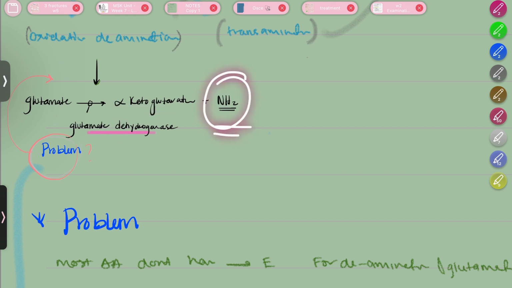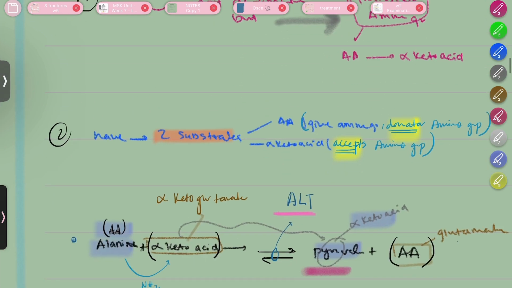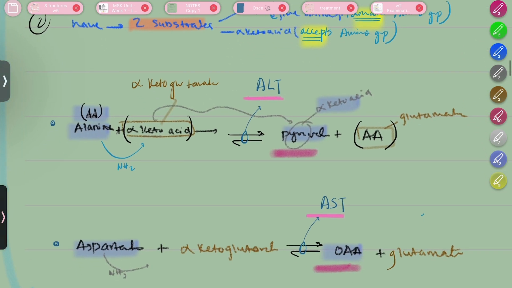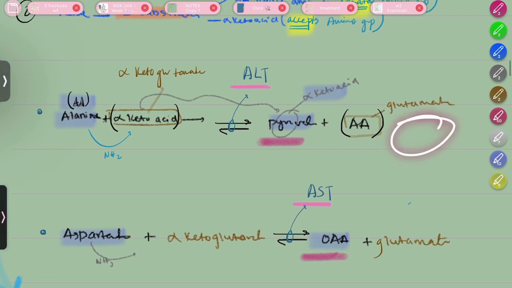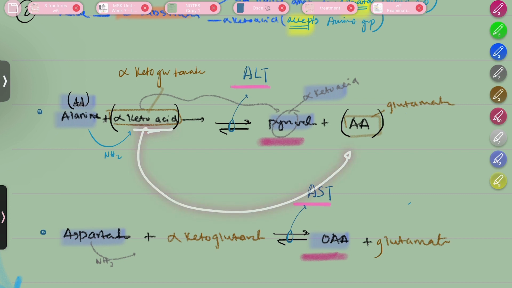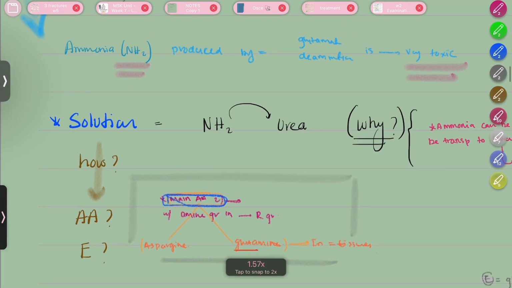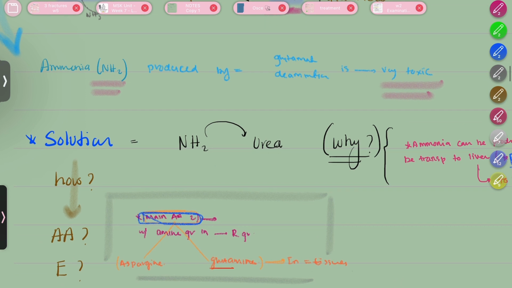Now that presents a very big problem, because if you have noticed, when we deaminate alanine, we do not end up with any free ammonia in the blood, and that's because the ammonia was incorporated into an alpha keto acid to give us this amino acid. Now again, why is that a problem?